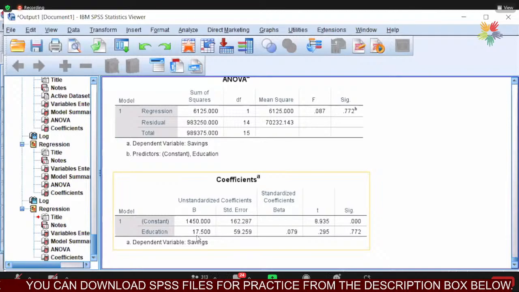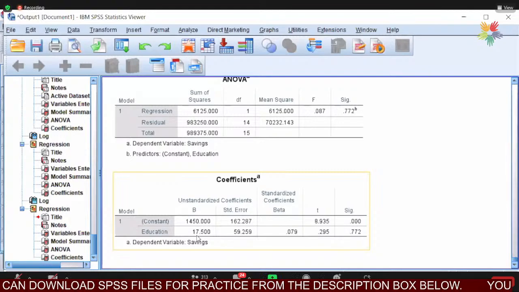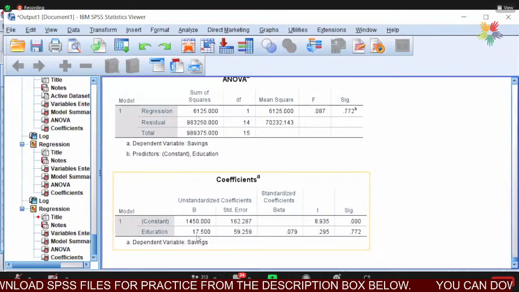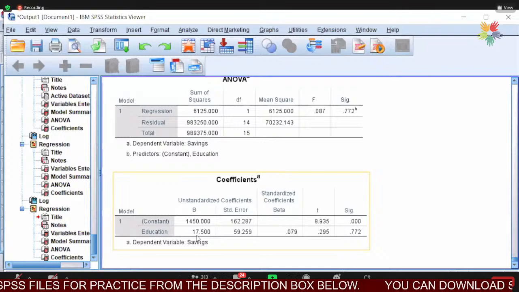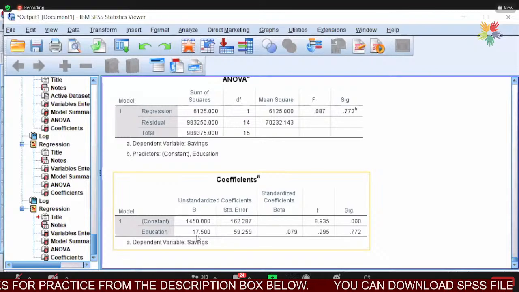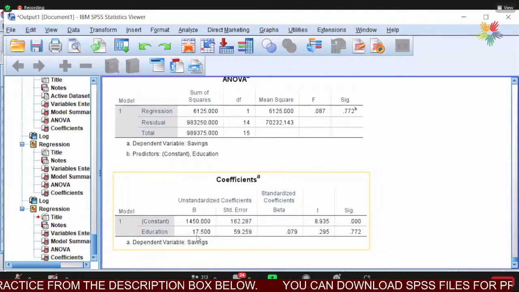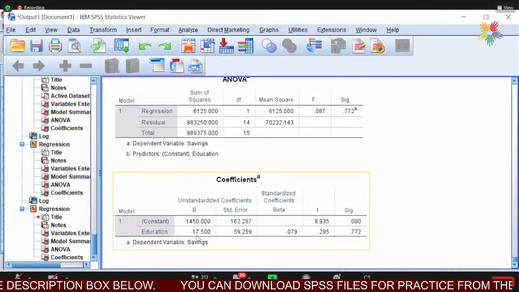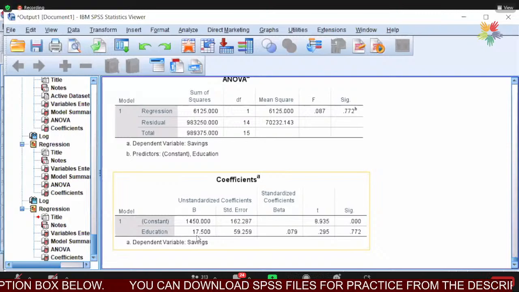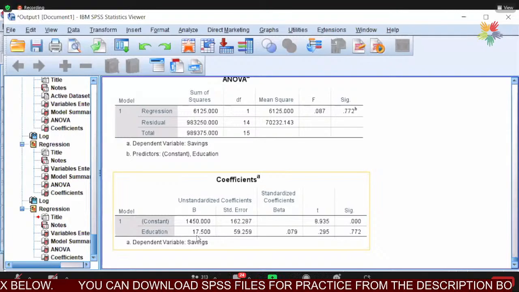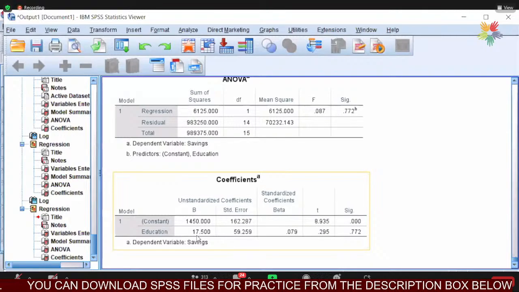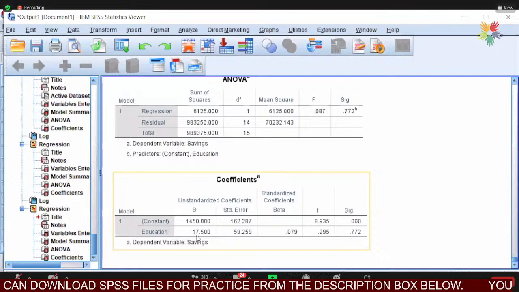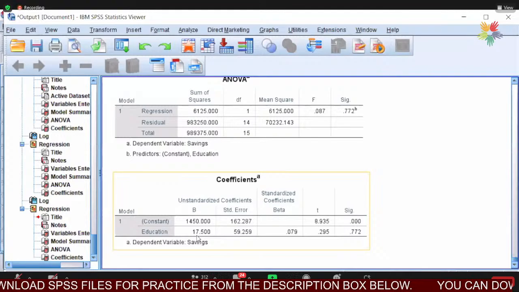But when you run regression using dummy variables, the acceptance will be higher. So try to use dummy variables. Whenever you say dummy variable regression, it has more attraction.